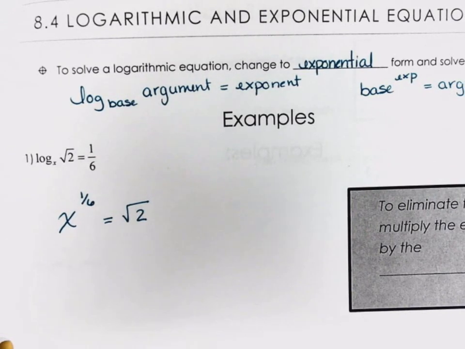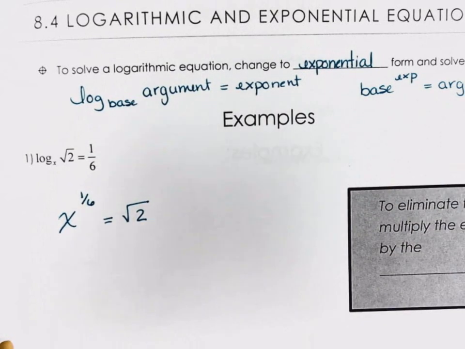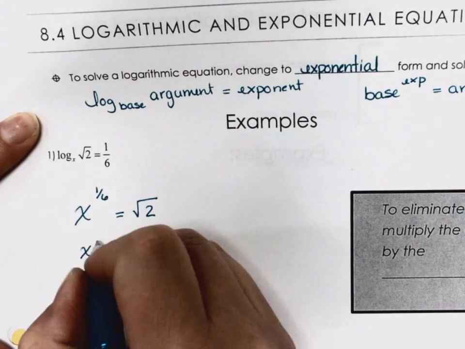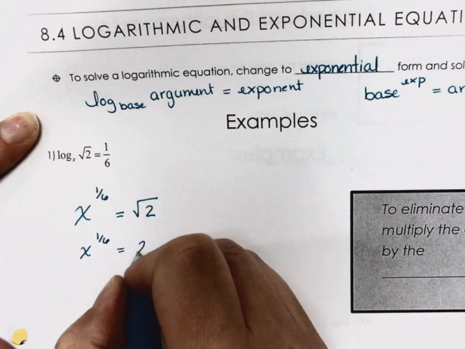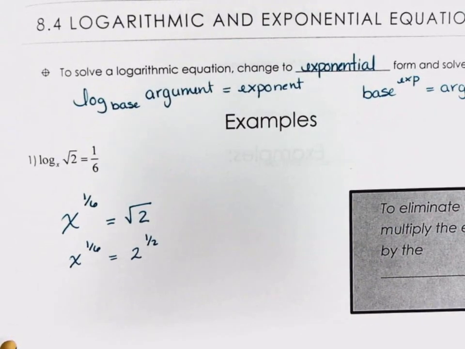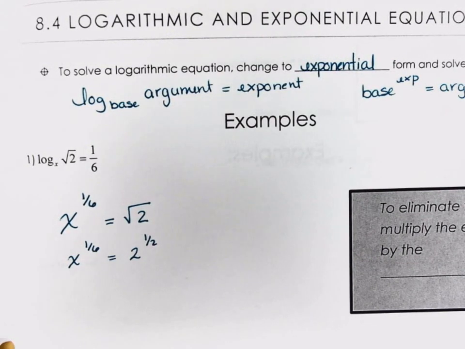So if you're not comfortable with it, keep this somewhere close and just flip back and forth. Okay, I'm going to switch this to an exponent. So that's going to be x to the 1/6 equals 2 to the 1/2. Everybody okay with that? Changing radicals to rational exponents. No one's screaming. I'm going to call it a win.